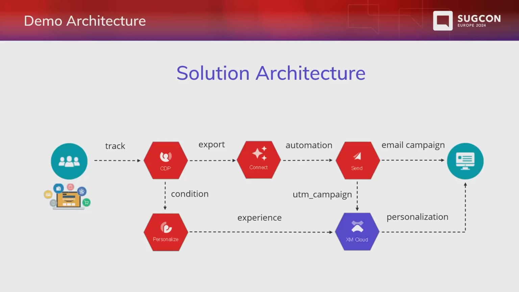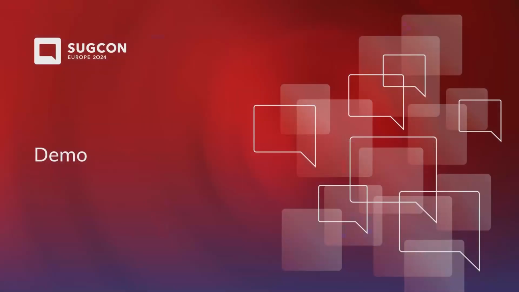Once we know who our customers are, we can use this in personalization for XM Cloud. On the other hand, we can create some marketing campaigns in Sitecore Send and connect it all together in automation mode and do some retention strategies to retain our customers. So let's go to the demo.